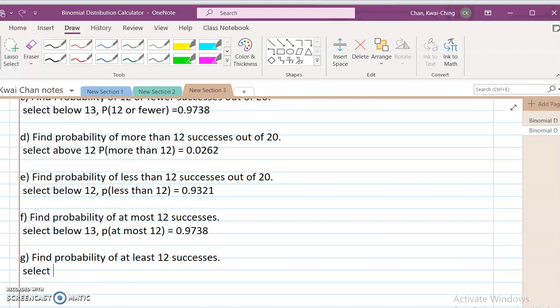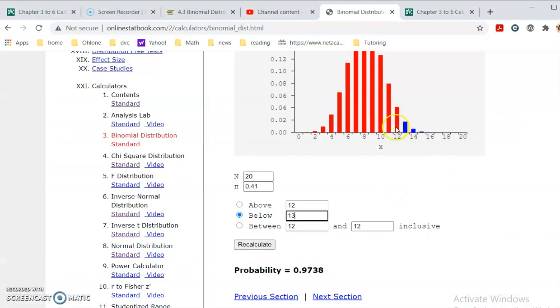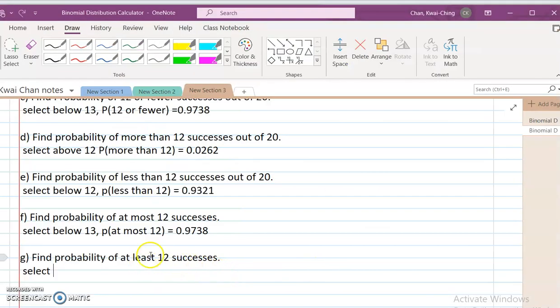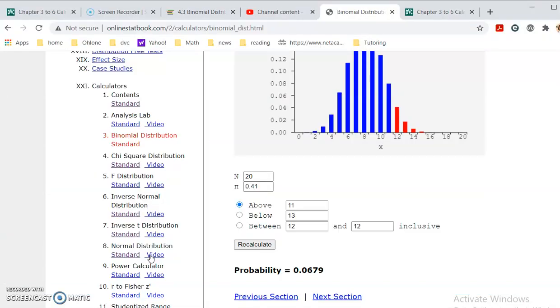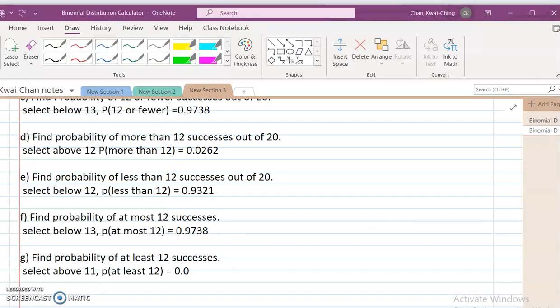What about at least 12? If it is at least 12, that means I want 12, starting from 12 all along, right? So above 11. If I do above 11, that would include 12 and everything above it. So the probability of at least 12 is equal to 0.0679.